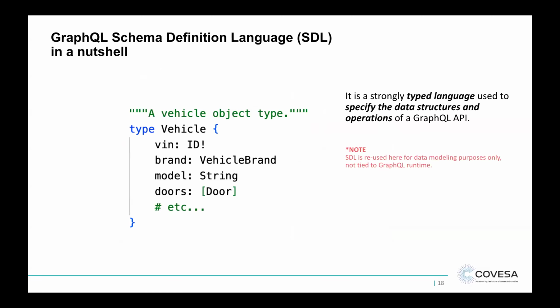To give you a simple idea of how GraphQL would look, we created small snippets of content so that we can walk you through how we would define all the data models by leveraging GraphQL SDL. Like I mentioned, GraphQL is a strongly typed language. There are different modeling languages and schema definition languages available.